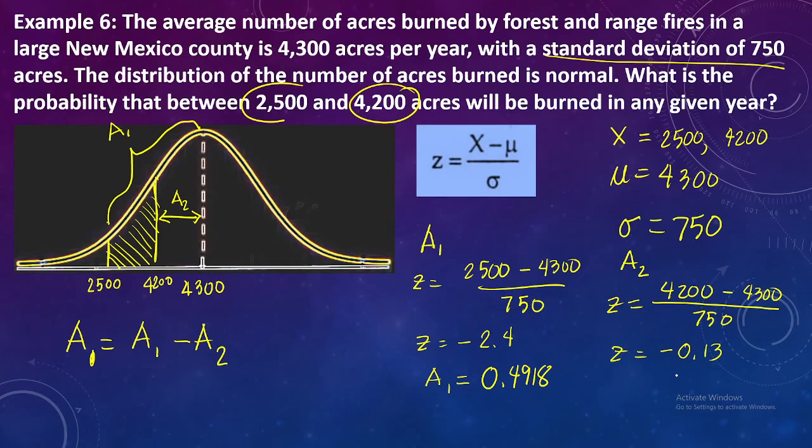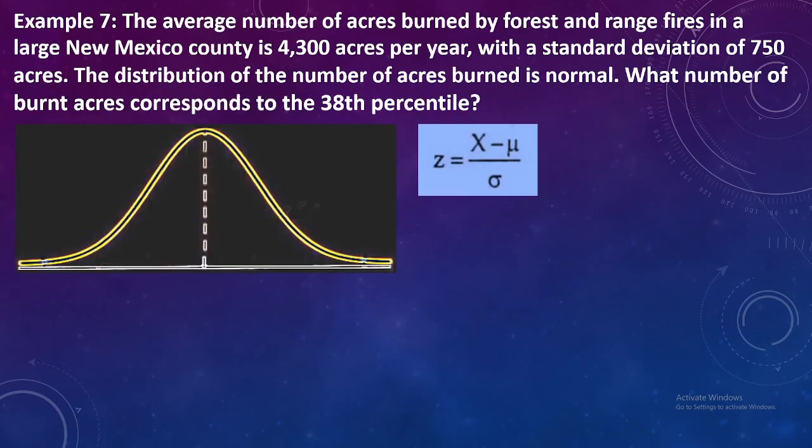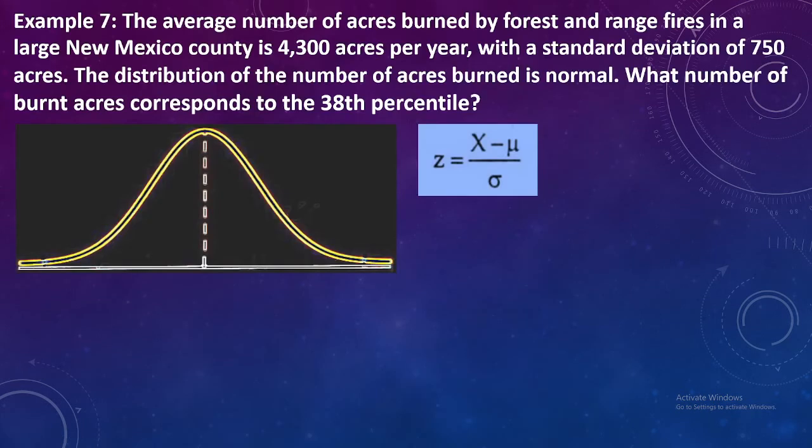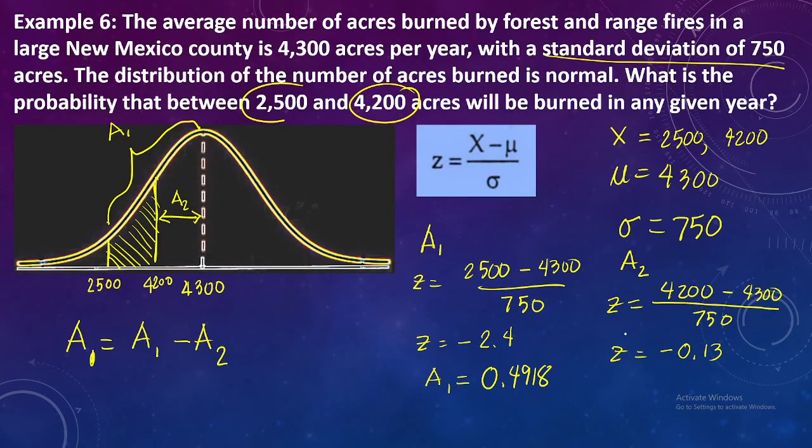If I locate 0.13 in the z table, 0.13 is over here. 0.0517. That's area 2.